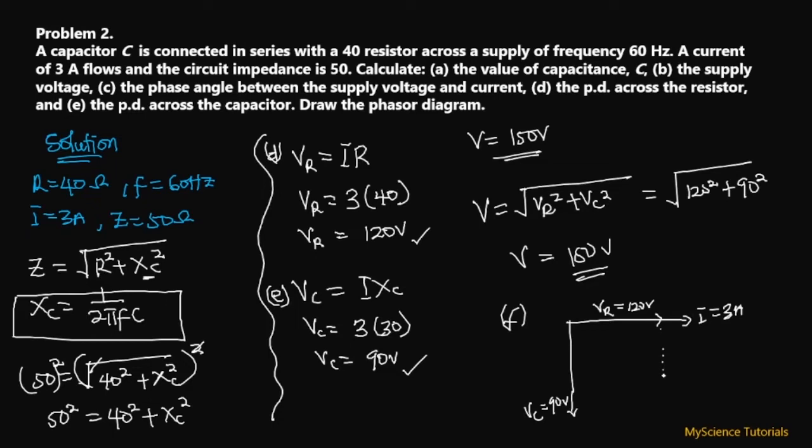We extend this a little down to see where it meets the other, and that gives us our resultant, which is our applied voltage, equal to 150 volts. We also find the phasor angle to be 36.87 degrees. So this is the phasor diagram for this particular example.